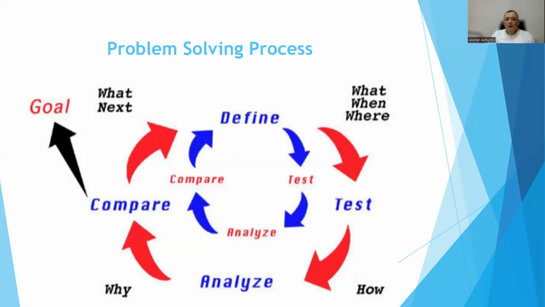So all in all, it's a cycle where we should take into account these notions as comparing, testing, analyzing, or finding the main mechanism of realization while finding the solution to the problem. It's really important. So it was general information about the problem-solving process.